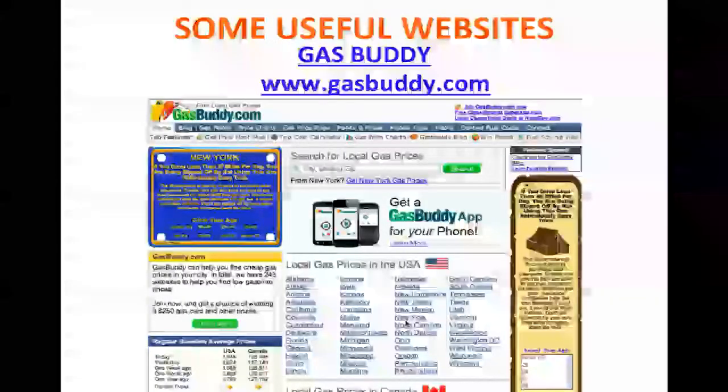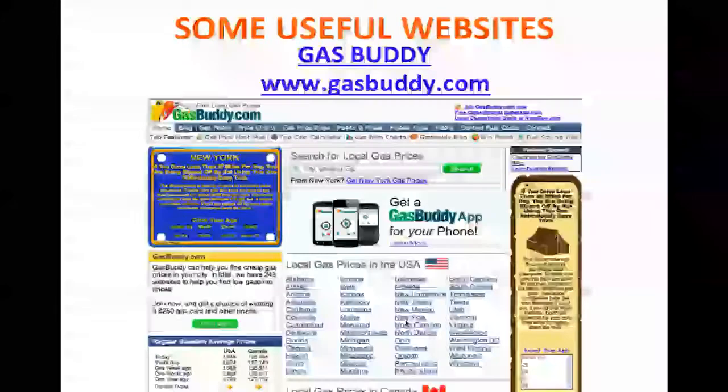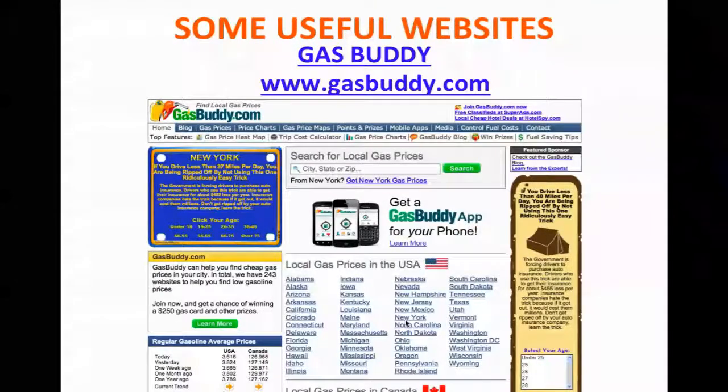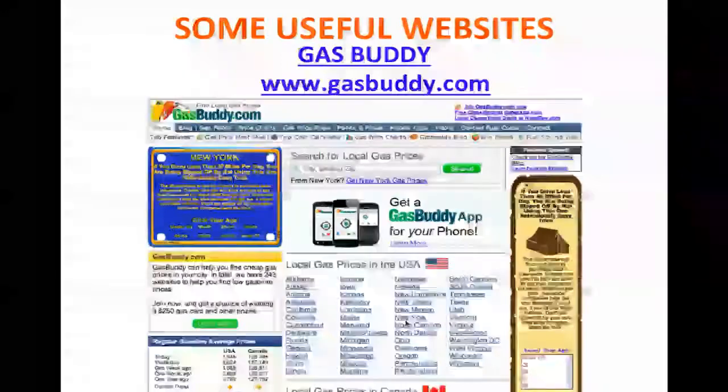If you're doing this unit on automobiles, what I suggest you do is get hold of some useful websites like this one, gasbuddy.com. Great website because it gives you the up-to-the-minute gas prices in your area and all across the country. So use real numbers. Don't make things up.